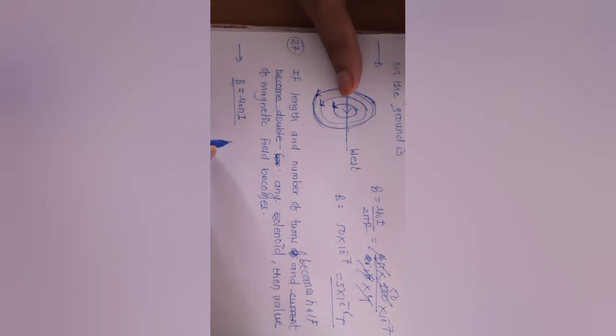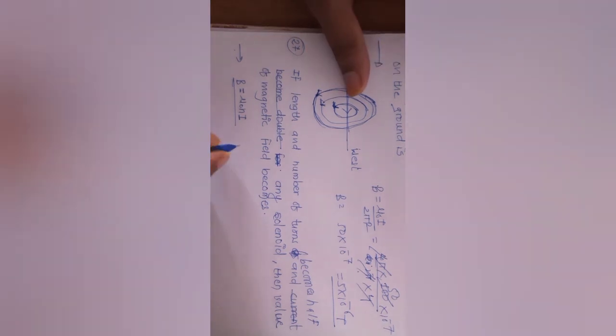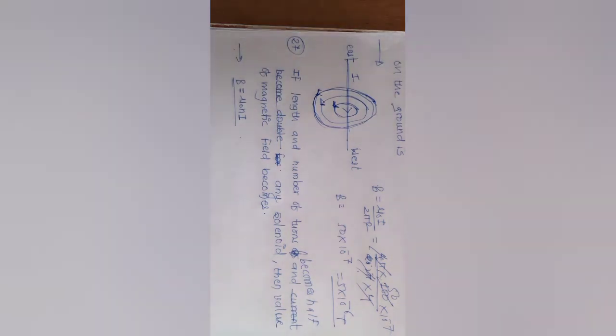So for this, N. Okay, so the formula for solenoid is mu 0 Ni. So how are we going to solve this? Number of turns, and they have given us the length.